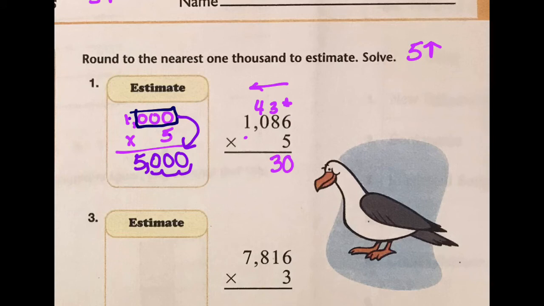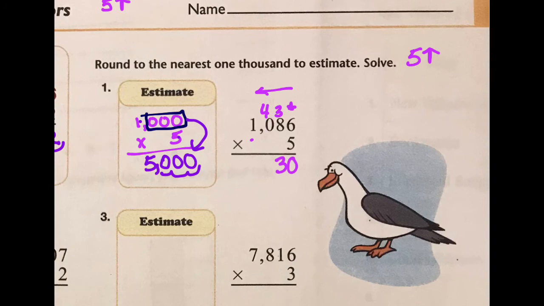Now, we have a 0 here. So what do you think we're going to do? 5 times 0 is 0. Now we add the 4 to it. 0 plus 4 is 4. Then 5 times 1 is 5. Don't forget to add your comma.